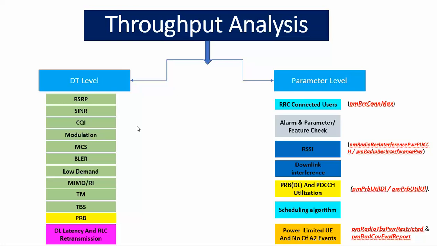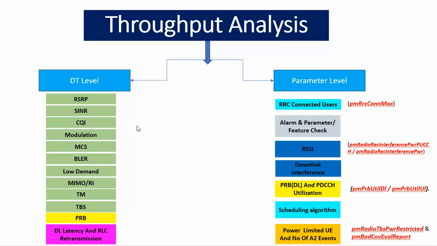Second thing is to check MCS. MCS is the modulation coding scheme. This is also related to throughput. It ranges from 0 to 31. If we get a good MCS, then you will get good throughput.